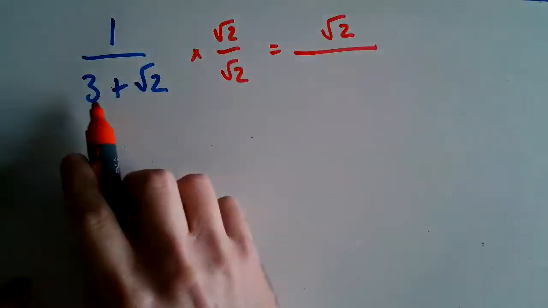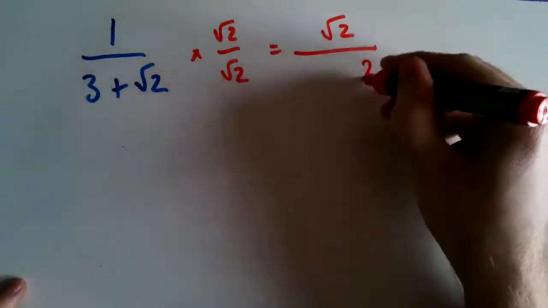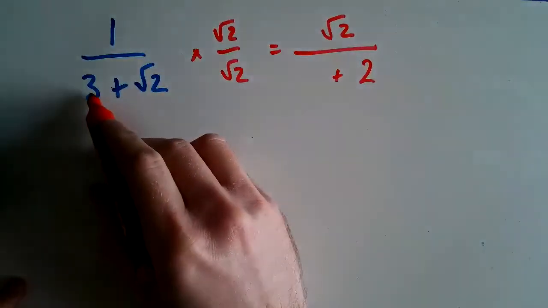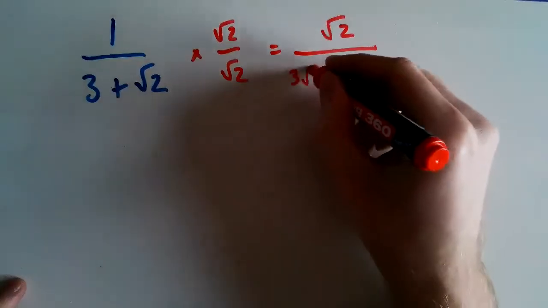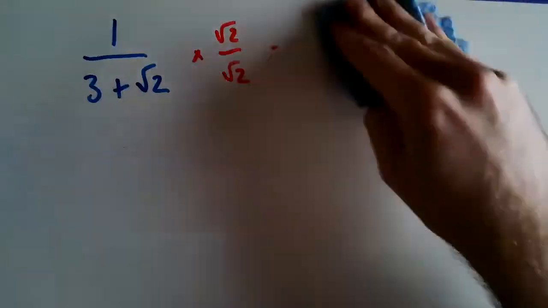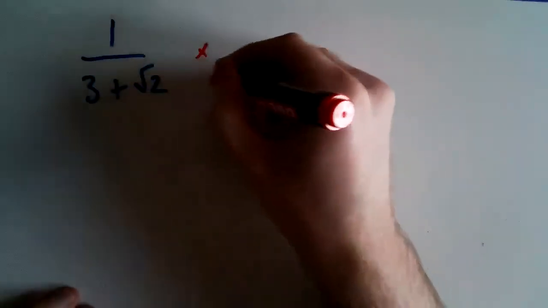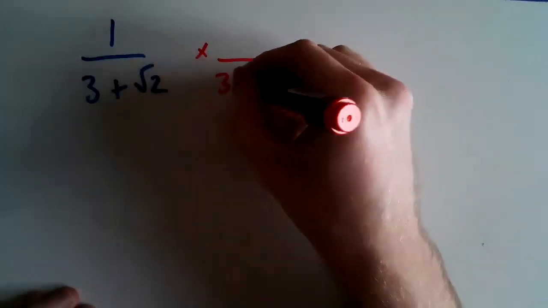On the bottom, root 2 times root 2 would give me 2, but the first term, 3 times root 2, would give me 3 root 2. So I've still got a third on the bottom. That hasn't helped. Looking at the last example, you might think, if I just times it by itself, that will work.